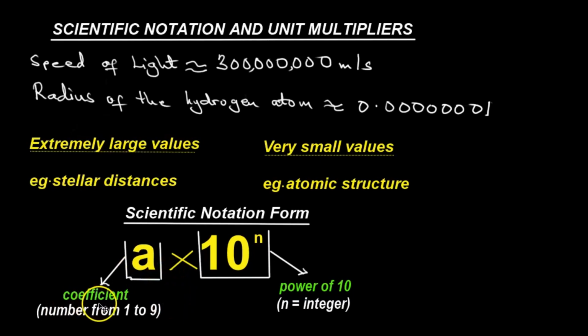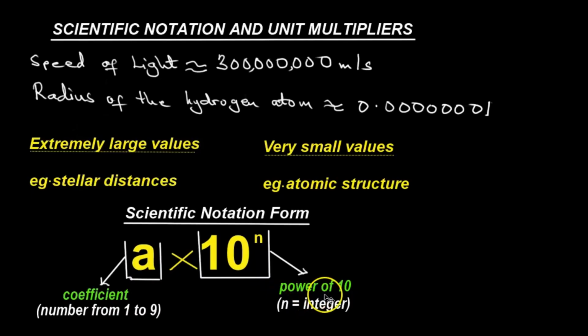The coefficient is always a number, either 1, 2, 3, 4, 5, 6, up to 9. It has to be between 0 and 10 at all times, irrespective of the value given to you. The value of this first number, the coefficient, should always fall within this range.